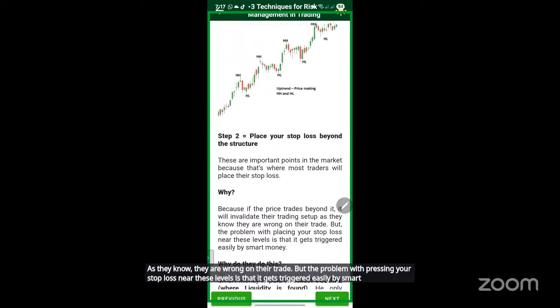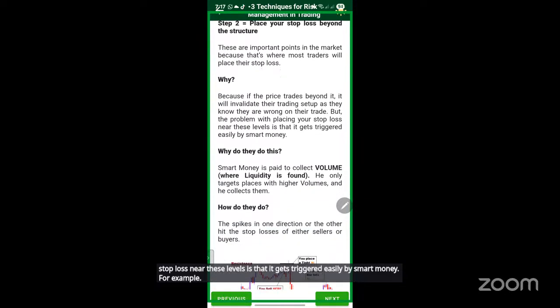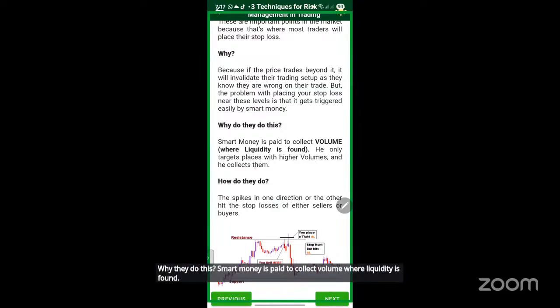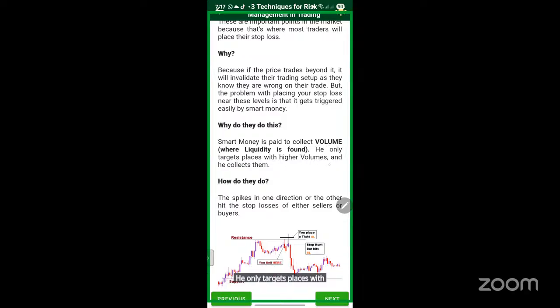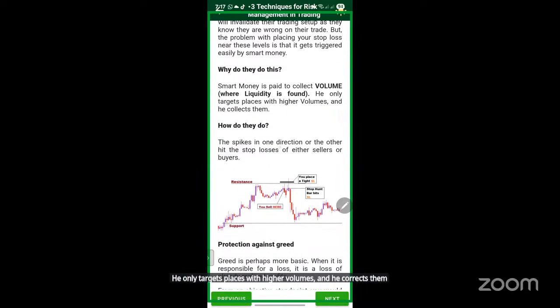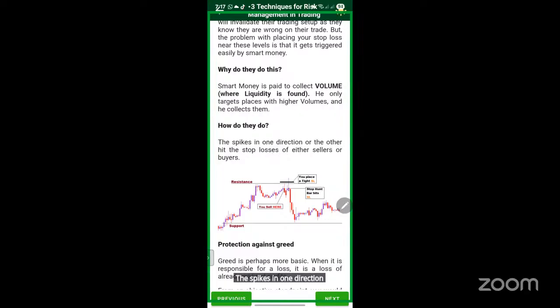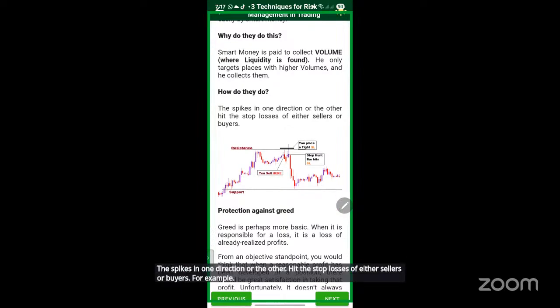For example, why do they do this? Smart money is paid to collect volume where liquidity is found. It only targets places with higher volumes and collects them. How do they do it? The spikes in one direction or the other hit the stop losses of either sellers or buyers. For the example here, this is your resistance level and this is your support level.